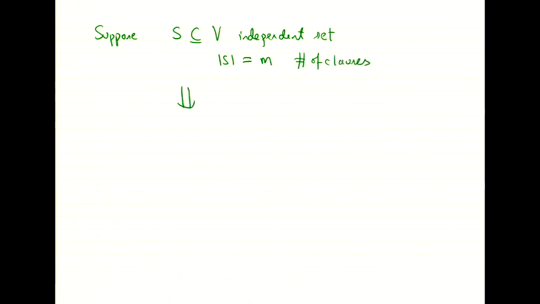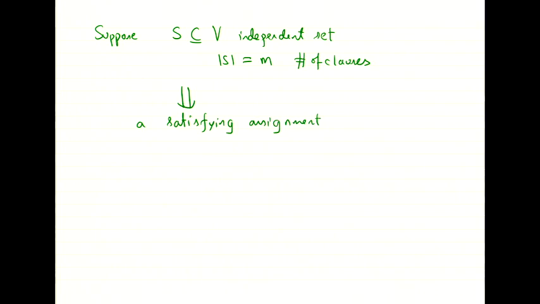So the other direction is, suppose I give you an independent set whose size is equal to the number of clauses. You want to construct a satisfying assignment. How do you construct this satisfying assignment?